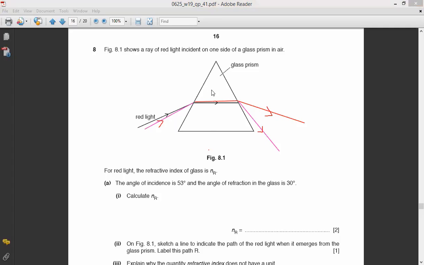This is for violet, and this is also for violet. The black one for red, and the other one for violet. Something like this. You understand what I'm trying to say, right? Yeah.